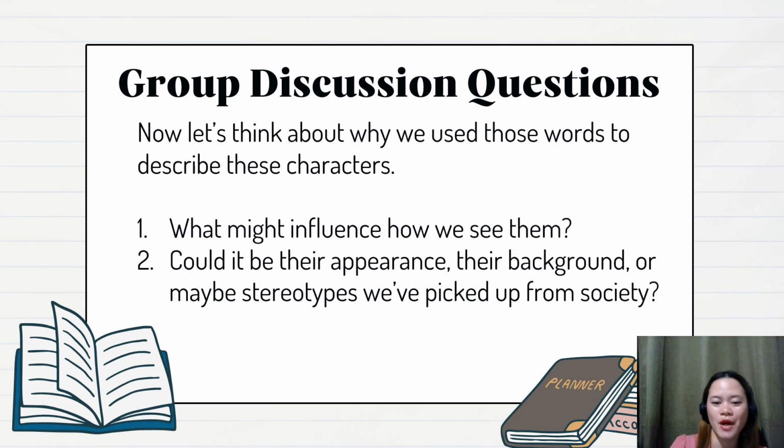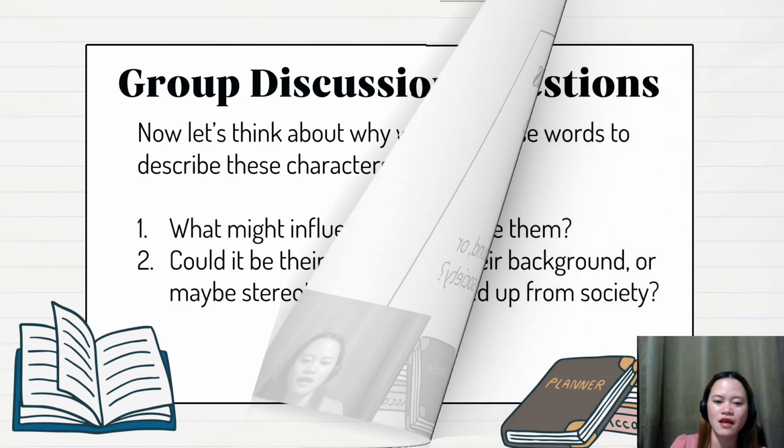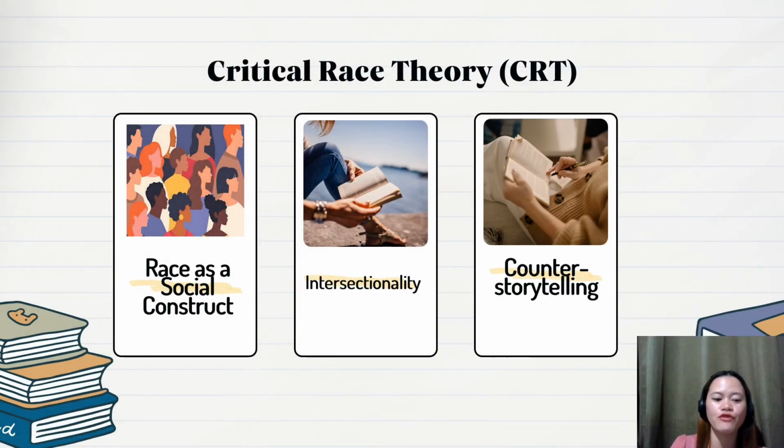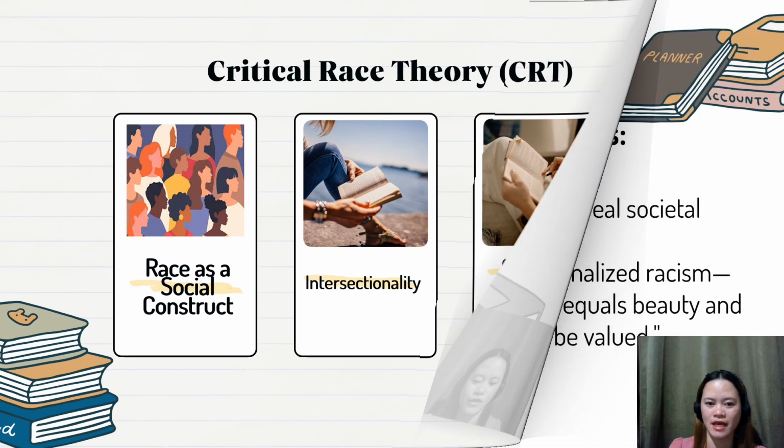Very good. And this leads us to our main tool today, which is critical race theory. By using critical race theory, we look beyond the surface and ask questions like how does society's view of race shape how characters view themselves and others.